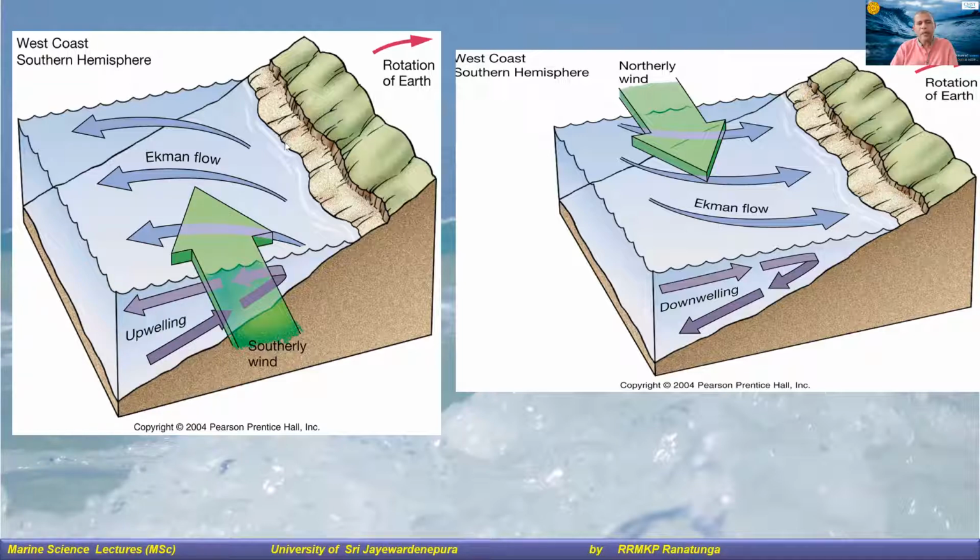To fill in that gap, what happens? The bottom water will come to the surface, right? When the surface water moves that way, the bottom water comes to the surface like this, and this we call upwelling. It's locally called Uttupai.